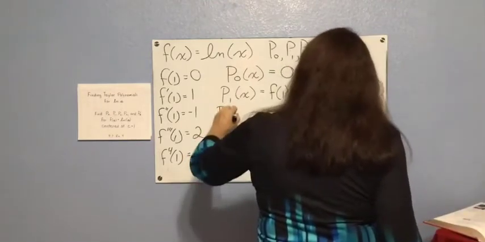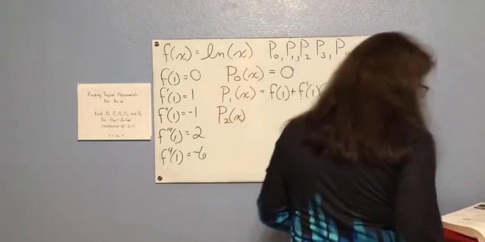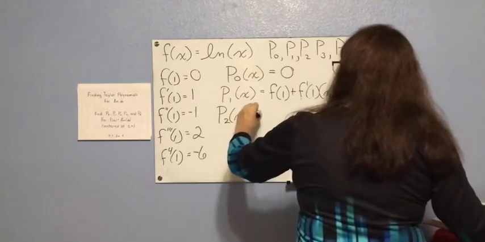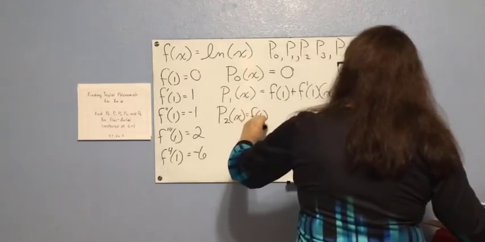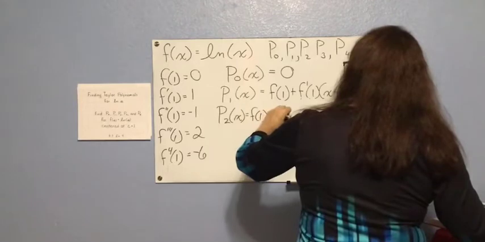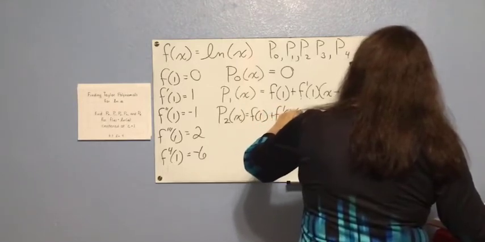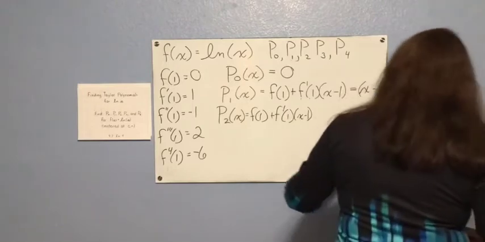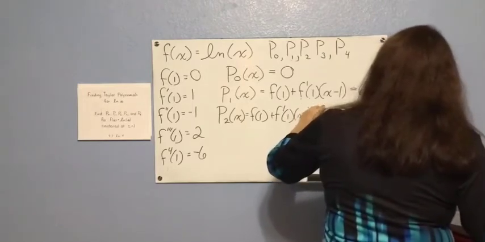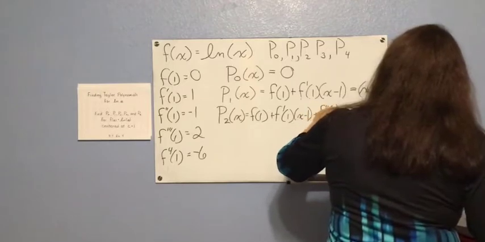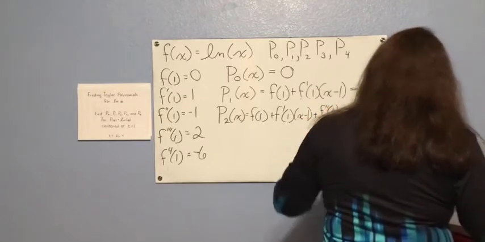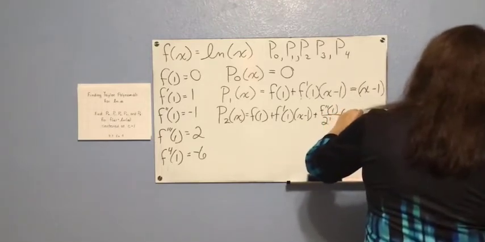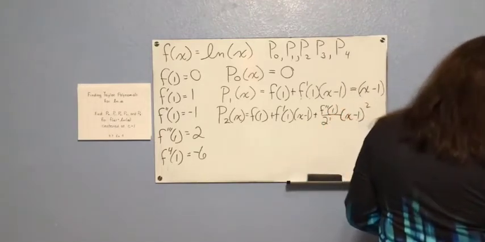P sub 2 of x is going to be f of 1 plus f prime of 1 times x minus 1 plus f double prime of 1 over 2 factorial times x minus 1 squared.